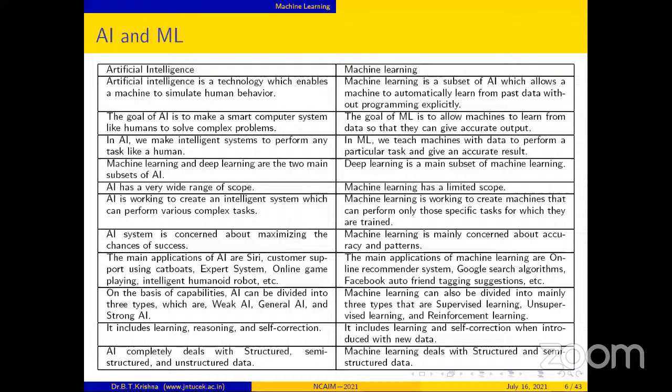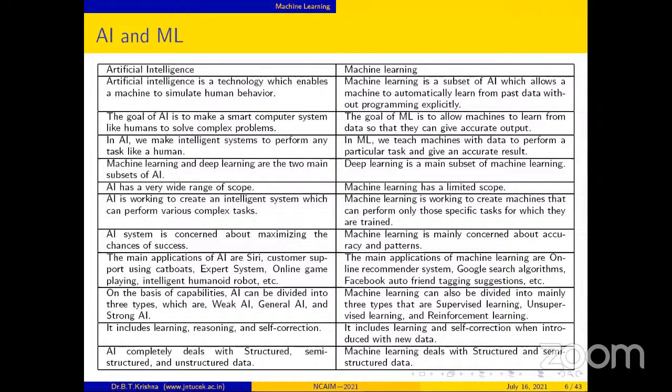In the case of artificial intelligence, we are making an attempt to produce a machine which will think like a human being. But in case of machine learning, the machine is going to be taught or trained with some data to perform a particular task. This is the clear distinction between artificial intelligence and machine learning.